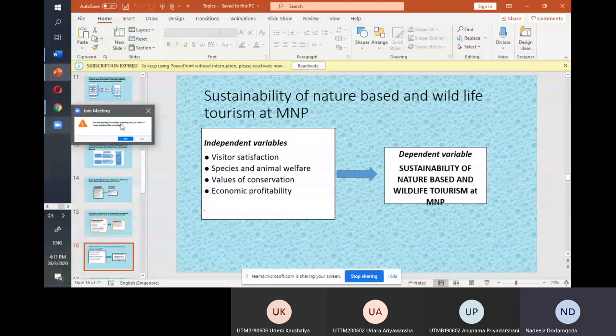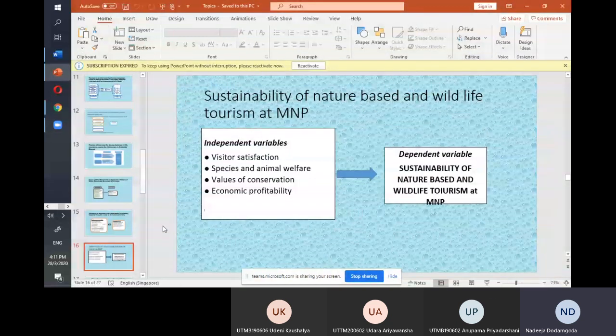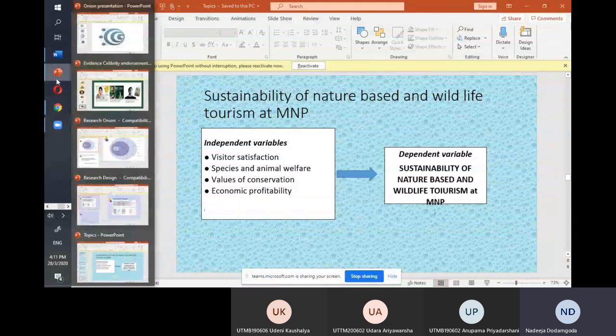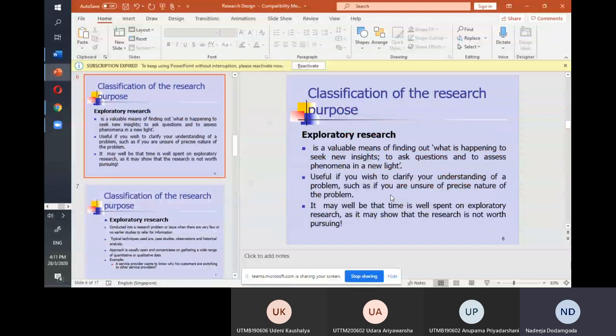Now with the Sekaran's perspective, when we have different research problems to look at, let's see whether we have anything more in detail. So here you can see exploratory studies explained as a means of finding out what is happening, to seek new insights, to ask questions and so on.